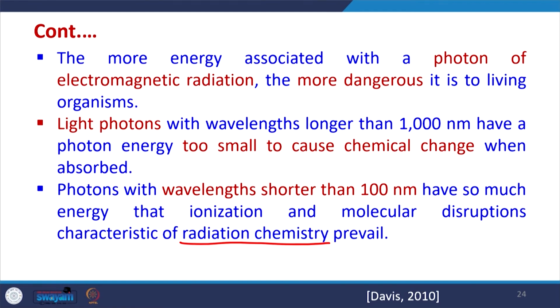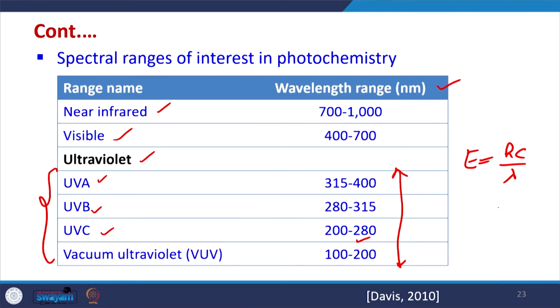Depending upon the type of pathogens present in the water or in the air, different types of UVA, UVB, UVC lights are used, or we can go to vacuum ultraviolet lights also for destructing or disinfecting.